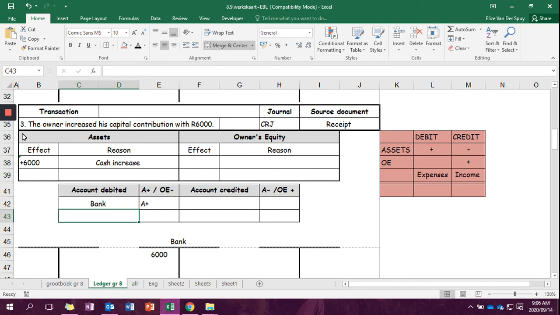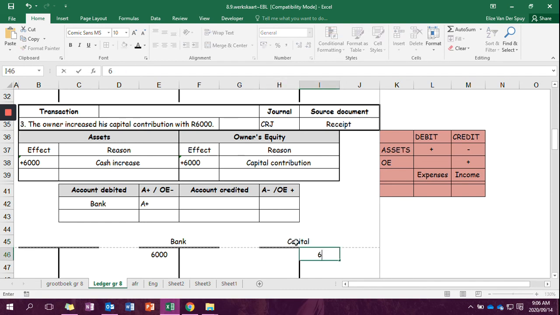That is because the owner increased his capital contribution, so therefore it will be plus 6,000 capital contribution. This will increase my owner's equity. So capital will be my second account.